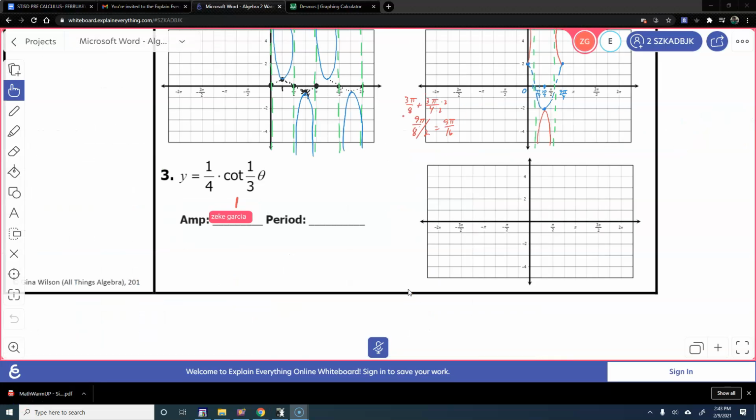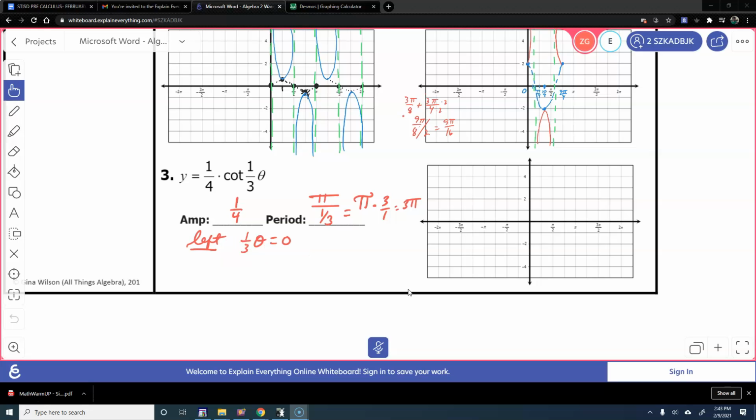The amplitude is 1 over 4. The period is pi divided by 1/3, which will be the reciprocal of 1 over 3, which is going to be pi times 3 over 1, which is 3 pi. We know that the left asymptote is going to be determined by 1/3 theta equals 0.